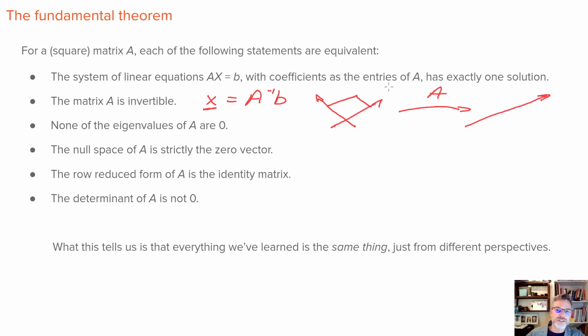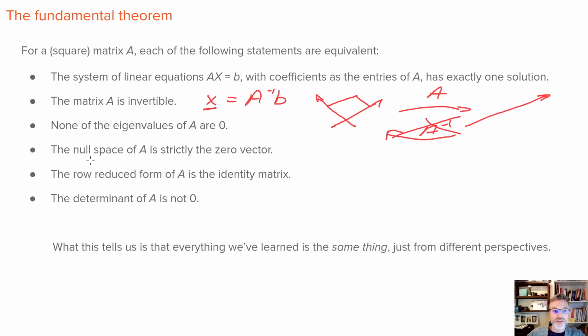And so I can't undo this, because I don't know where the square is on this line. It disappears. So I can't find an inverse for A. And so that happens whenever we have an eigenvalue of 0. Okay? Which means if we did have one of 0, it would not be invertible. So you see how those two are related.